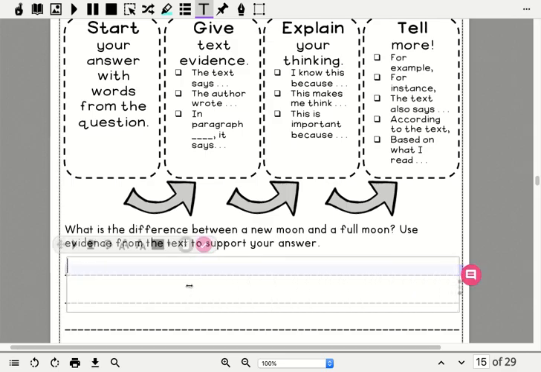So first thing I need to do is restate my question. The difference between a new moon and a full moon is the amount of light.